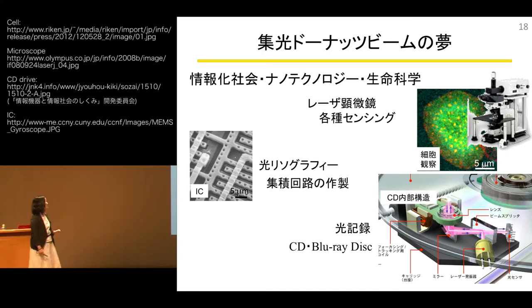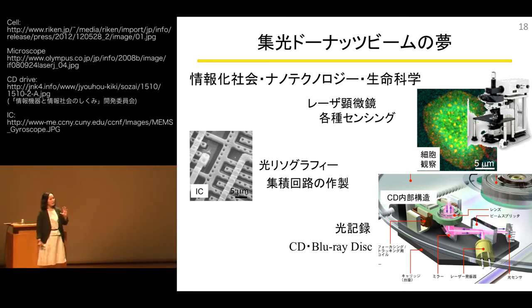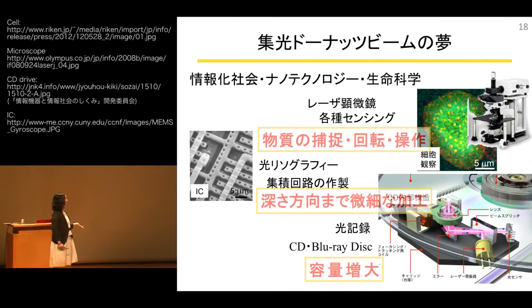So we have a big dream to apply the donut beam technology. It can be used in information society, nanotechnology, and life science. By using a small focus point, we can make contribution to laser microscopes or light lithography because we can intensify the light.